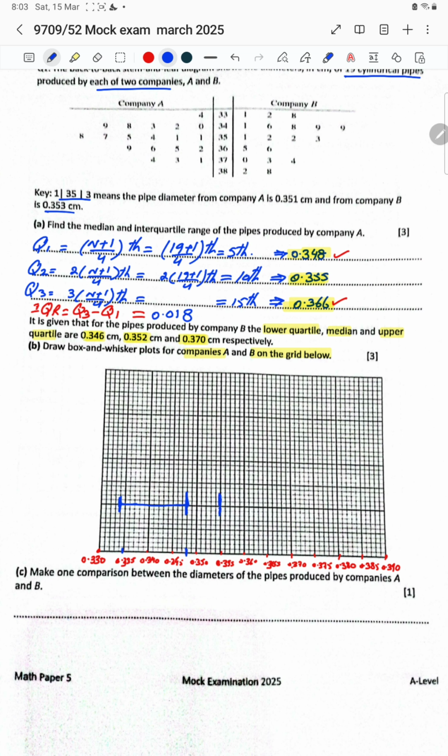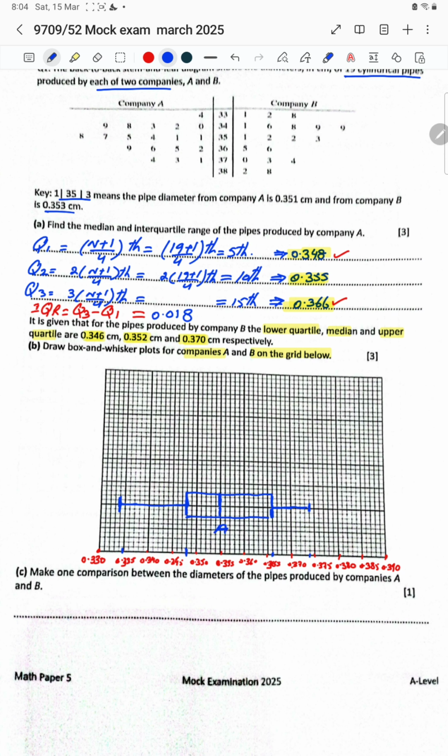Draw this line for Q2, and Q3, 0.366, is here. So you will see this is a box and whisker, and the maximum value is 0.374. We can finish till here. This is for company A.